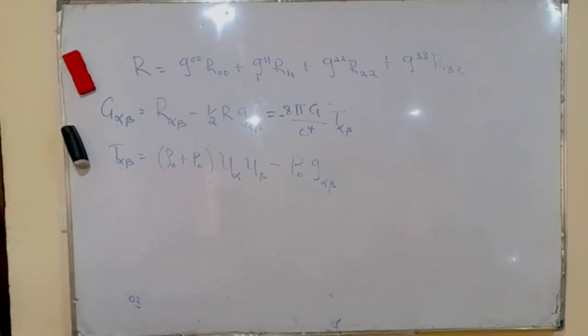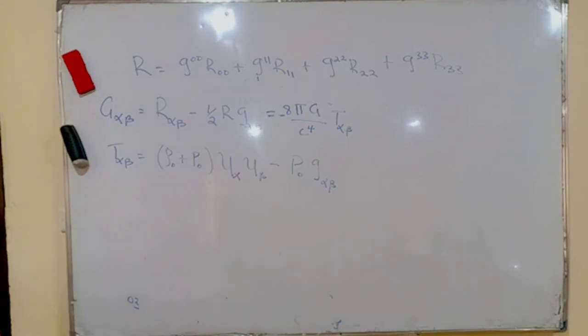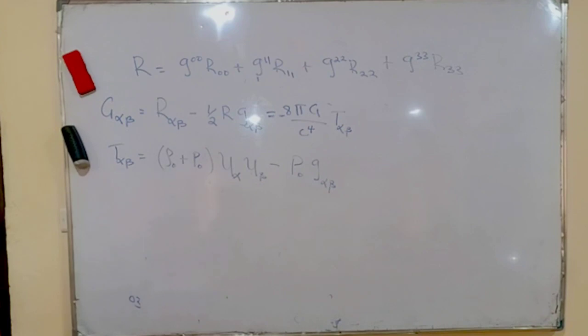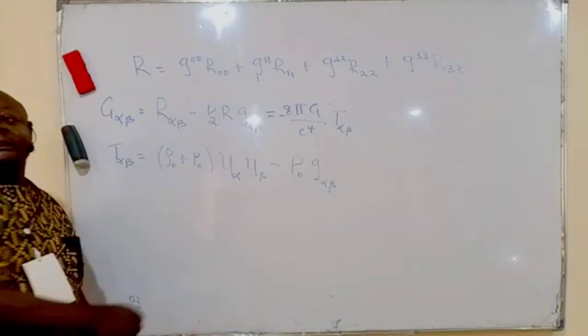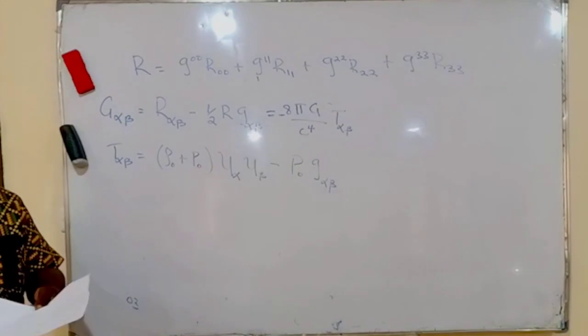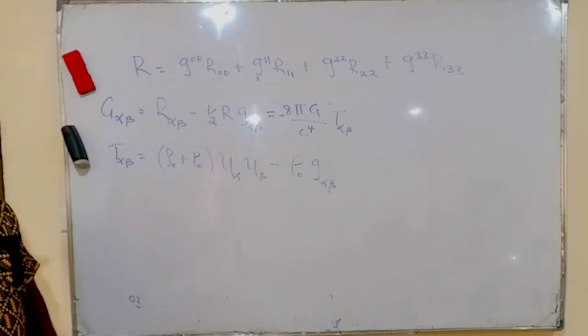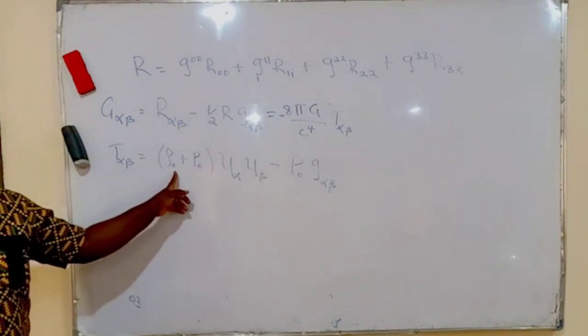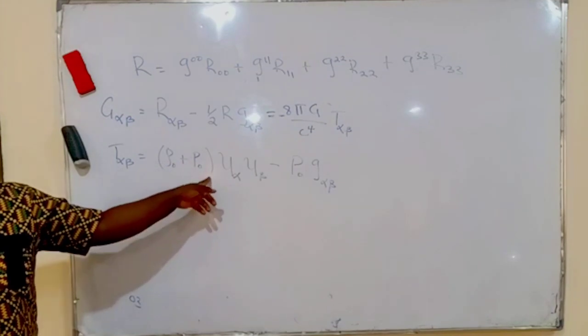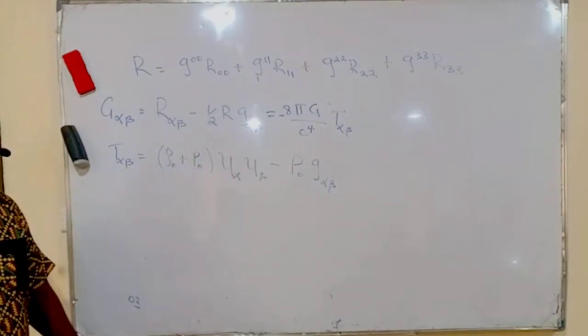So we have that as our stress tensor for a perfect fluid, where rho 0 is the proper density and P0 is the proper pressure.